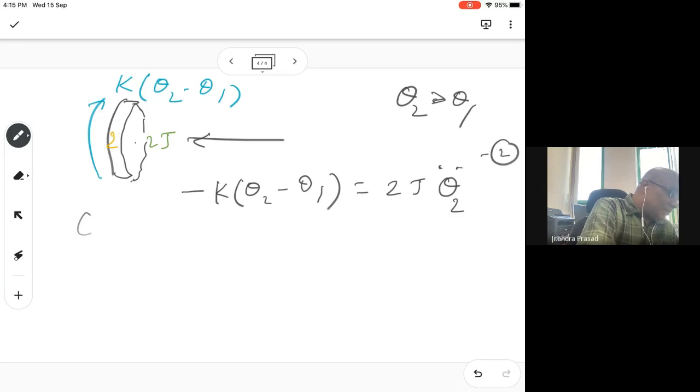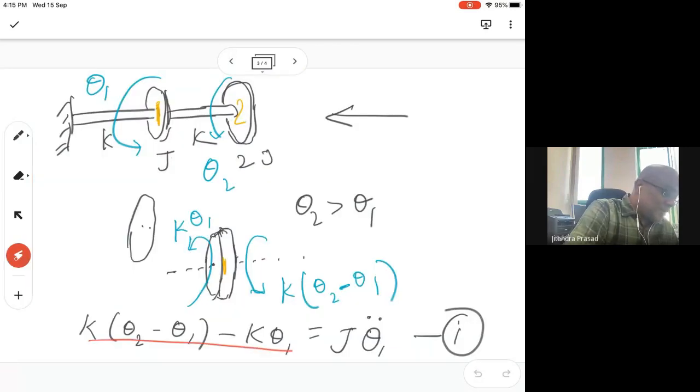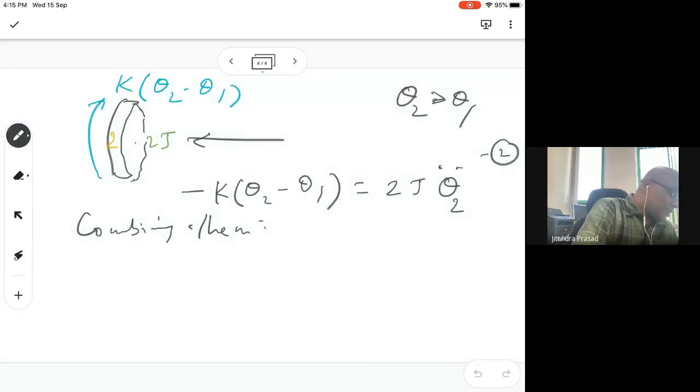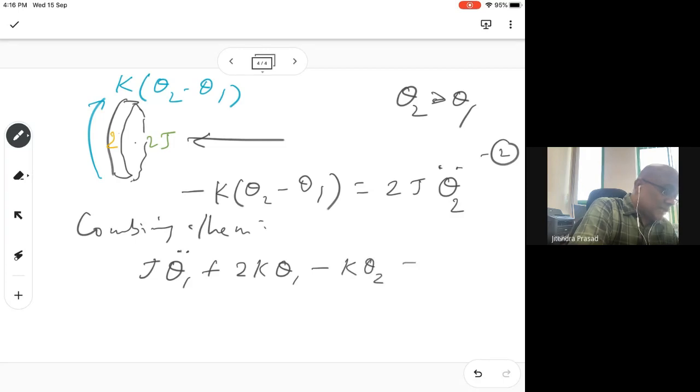So combining them, first write it nicely. The first equation we can write as Jθ1 double dot plus kθ1 and kθ1 again, so 2kθ1, minus kθ2 is equal to 0.